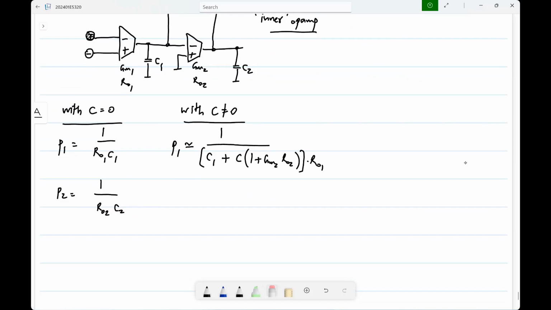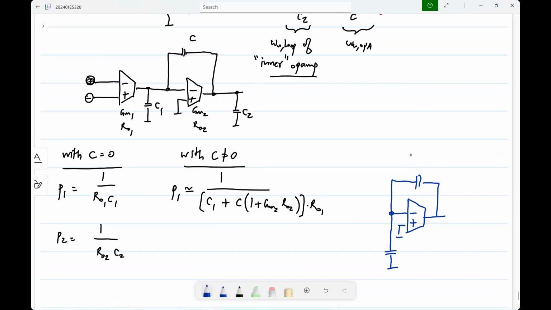And as far as the other pole is concerned, because of feedback, the resistive part also changes. So now if you apply a test voltage here, what is the kind of current that will be drawn?